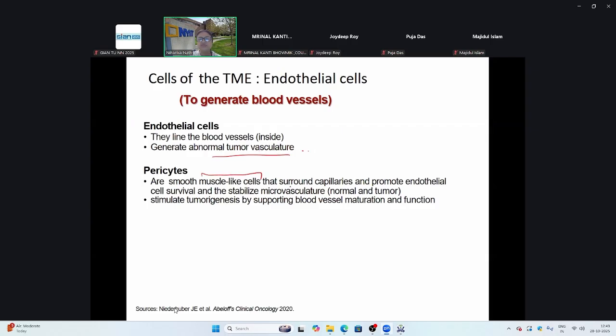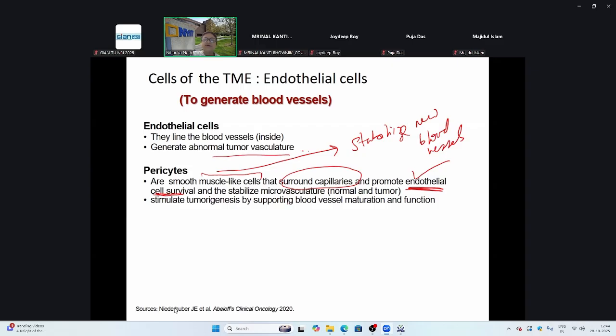I know that it doesn't mean much to you, but they surround the capillaries and they help in the endothelial cell survival. So essentially, they stabilize the new blood vessels of the tumor.